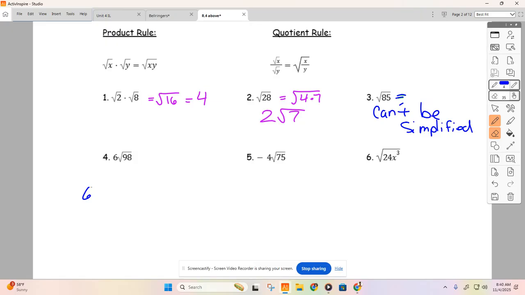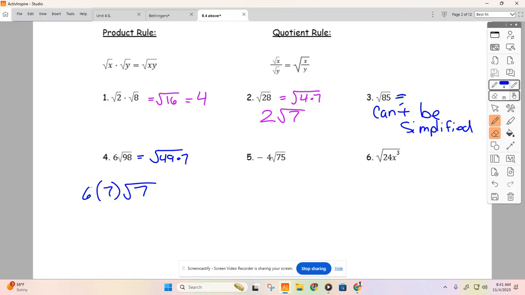It is possible that you could have gotten a smaller one to go into it, but then when you would finish, you would still have a number under the radical that could be simplified more. So I'm separating this into the square root of 49 times 2. So now the square root of 49 is 7. I still have a 2 under my radical.